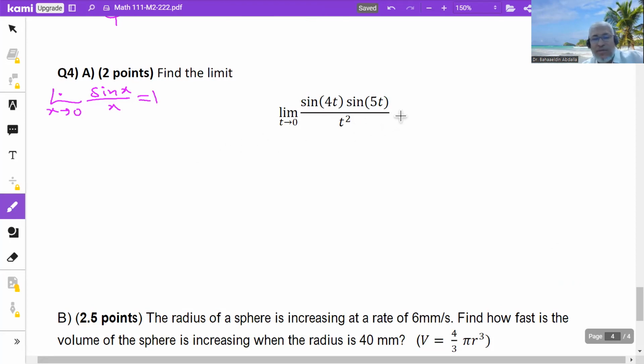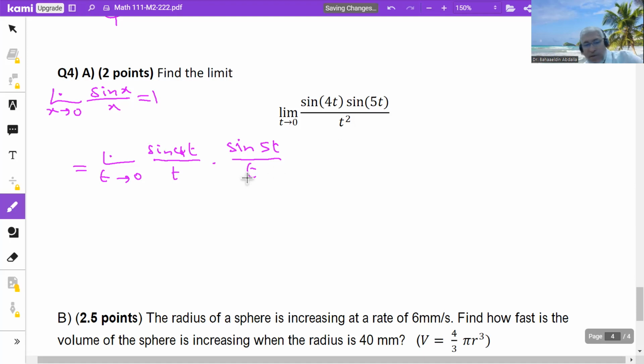So I will write this limit as limit of sine 4t over t times sine 5t over t when t approaches 0. T squared, I can write it t times t. And I can write this fraction like this, because if you multiply, you go back to this one.